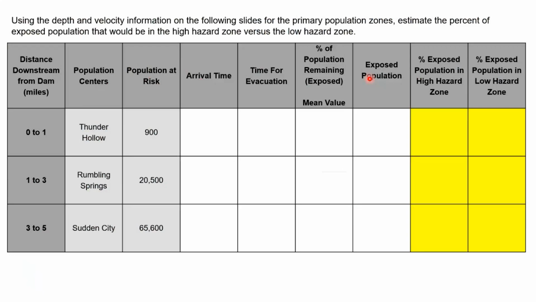How about Rumbling Springs? I guess this shouldn't really matter whether you're ample or minimum, sorry. So anyone from either team want to talk, because this is given you're exposed, where are you going to end up? So where are we in Rumbling Springs, you think? What percentage ended up in the high hazard?